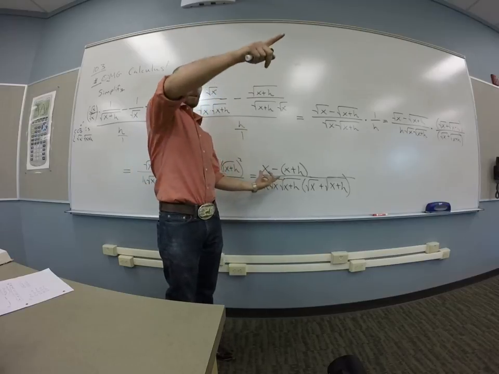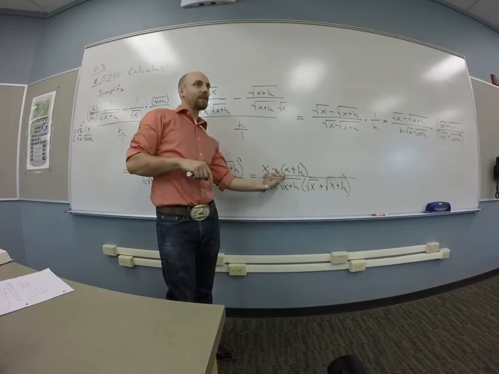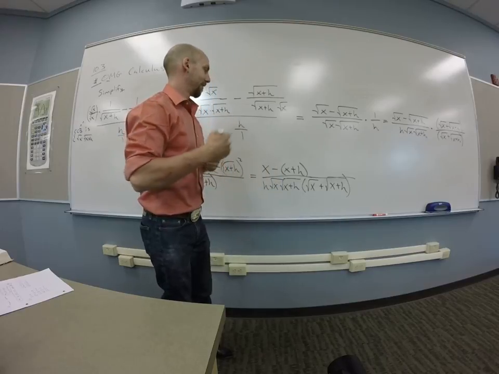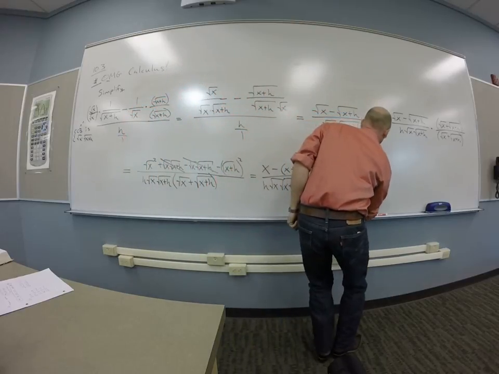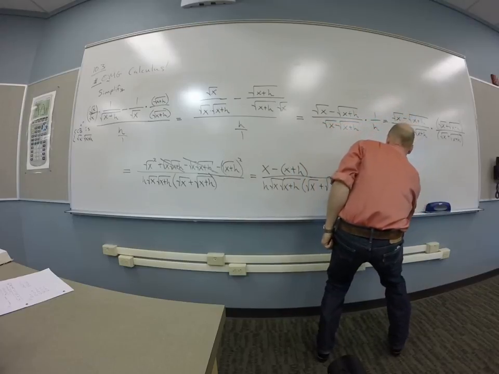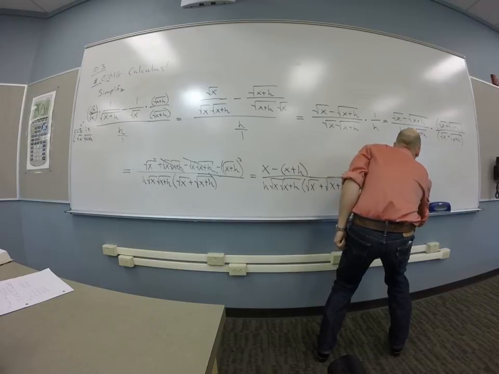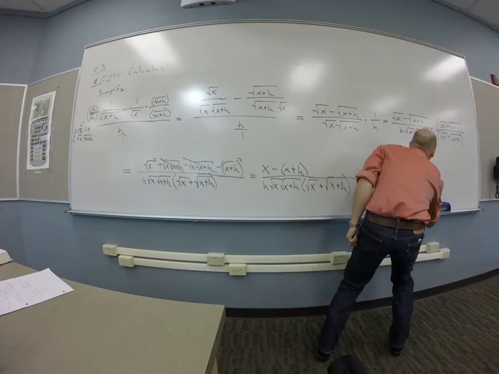x minus x is 0, right? So h over h is 1, so you have 1 over root x times root x plus h. All the nonsense without the regular h. Except you lost one thing. What did you lose?